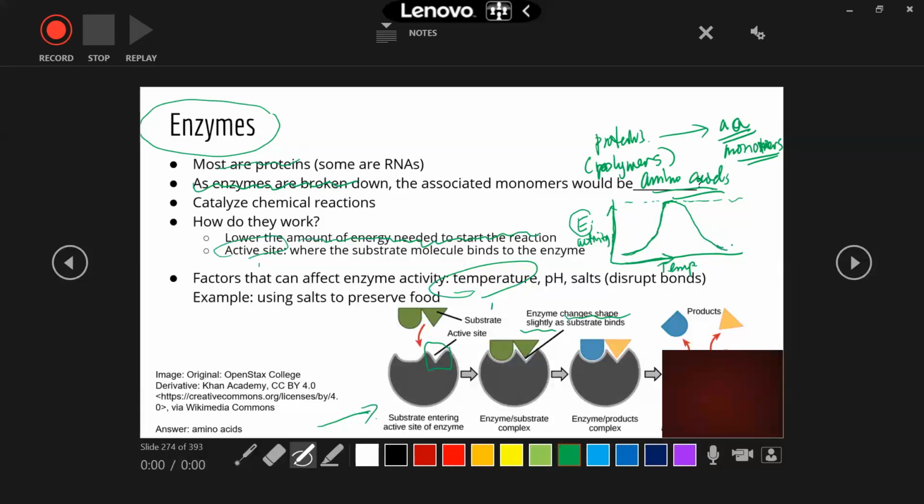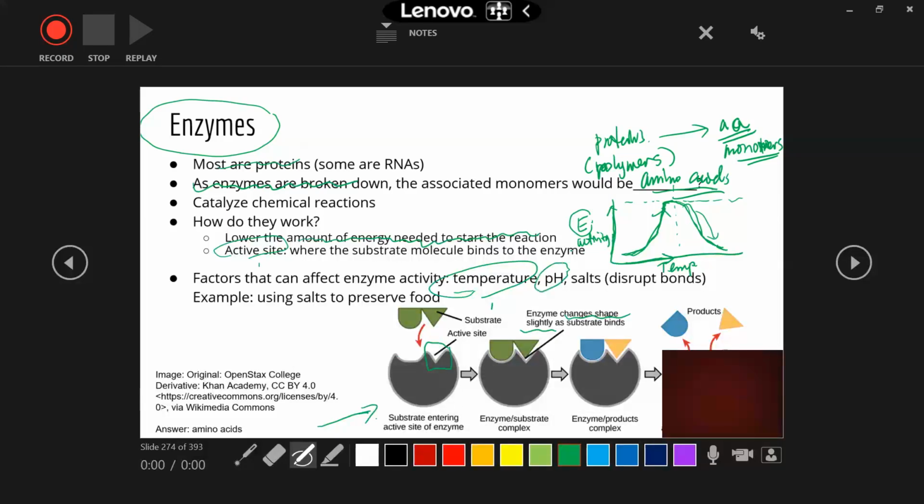So it normally has this kind of bell curve. So again, if the temperature within the optimal range goes up, enzyme activity goes up. But once you reach the optimal temperature, as the temperature increases, the enzyme activity is going to go down, right? Because, think about this, it just gets too hot for the enzyme.